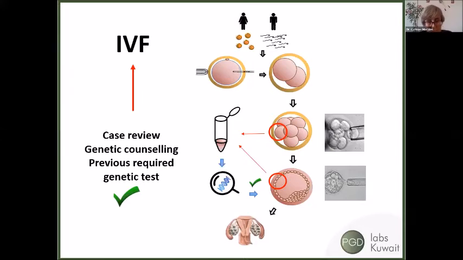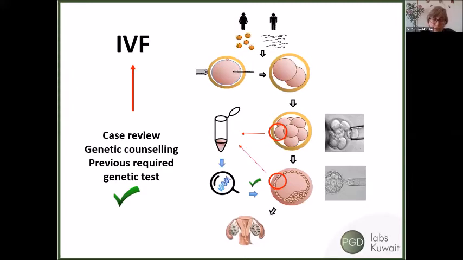So we know that the baby won't be affected. And this is one of the ways that we have to prevent. We are preventing in our offspring, but also we are preventing in future generations if we are avoiding transferring carrier embryos.